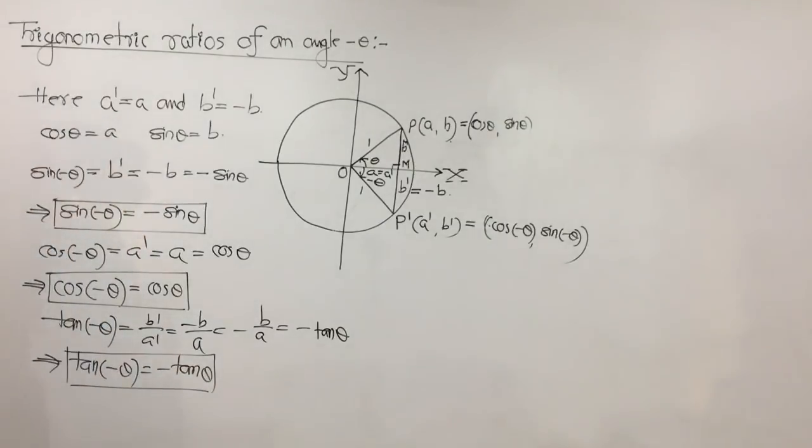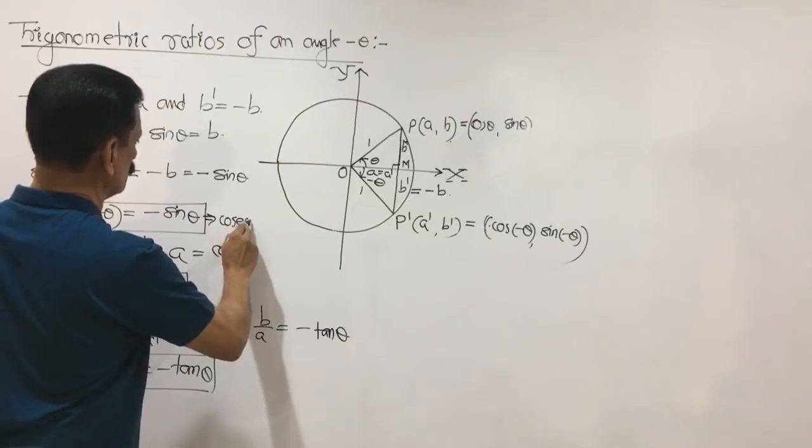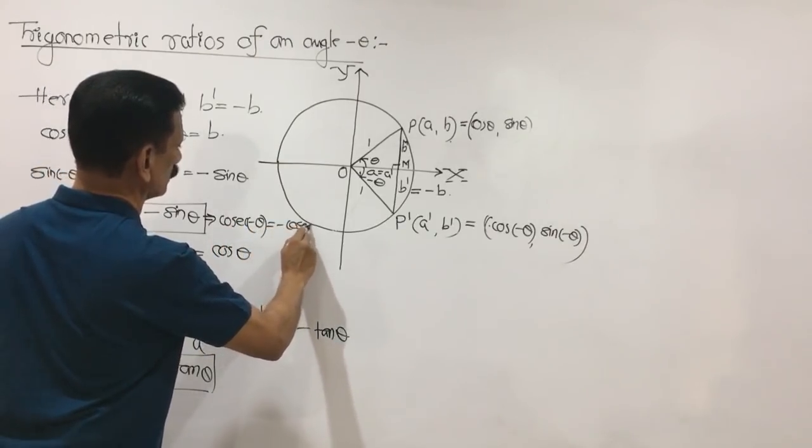So we can write sine of minus theta as minus sine theta, and from this we can write cosec of minus theta as minus cosec theta.